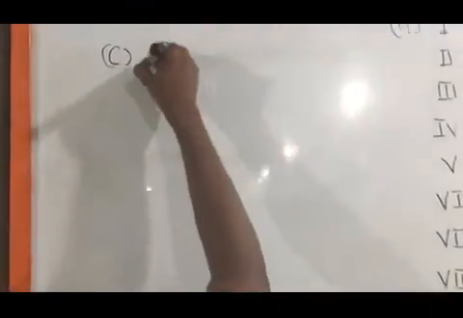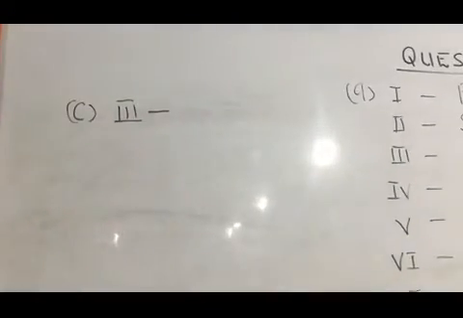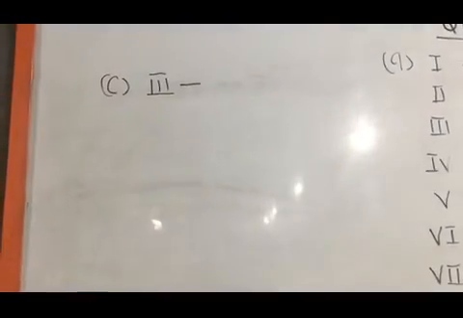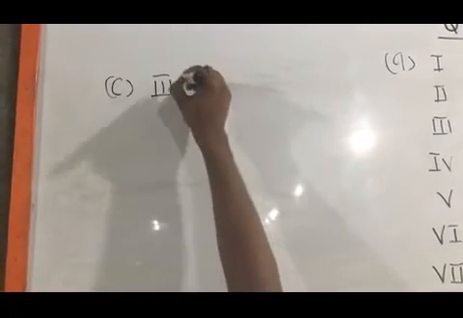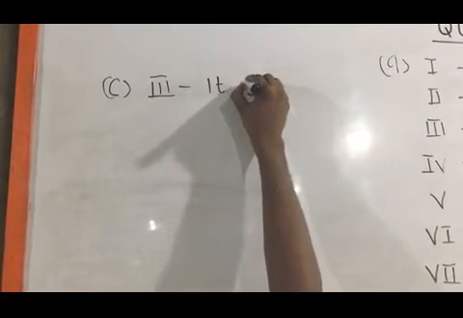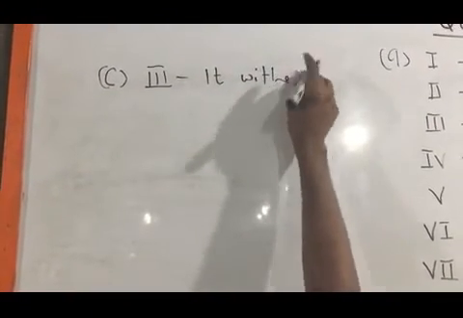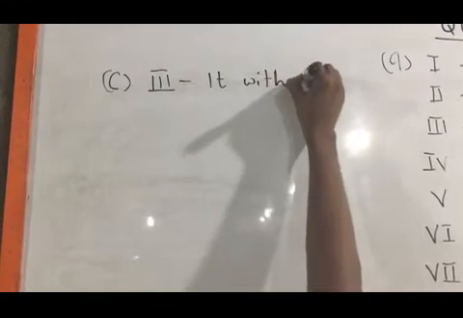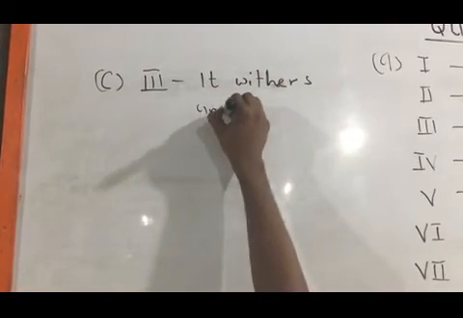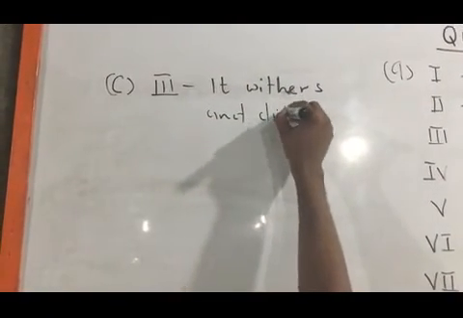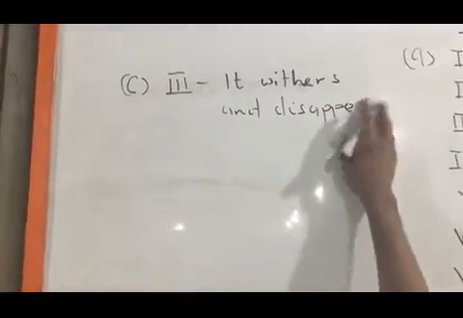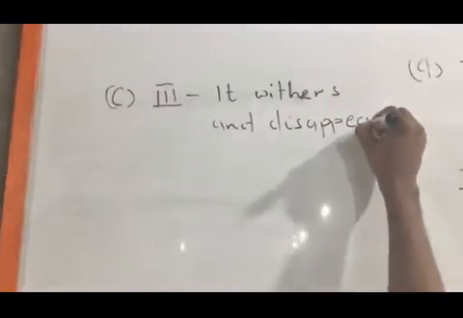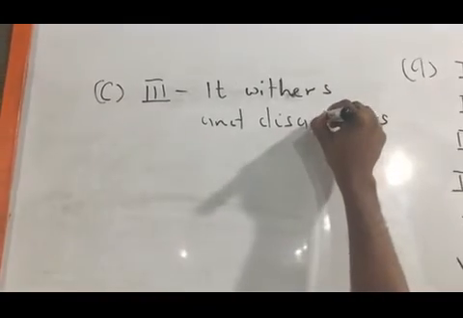So the part labeled I, after fertilization, what happens to the style? It withers and disappears. It dries off and then disappears or falls.